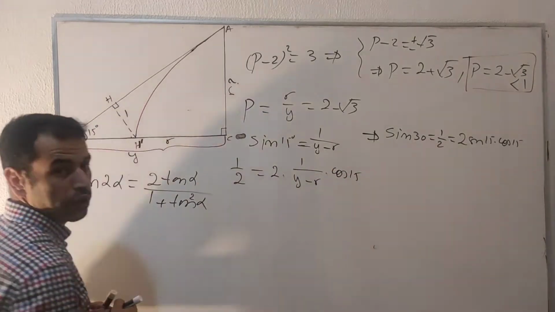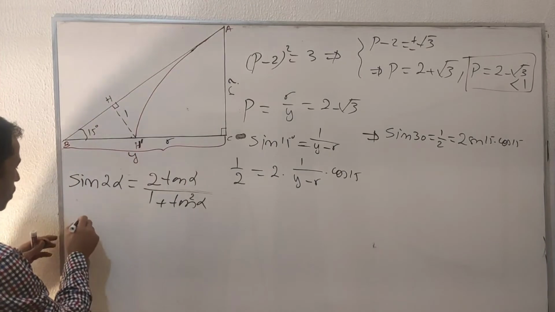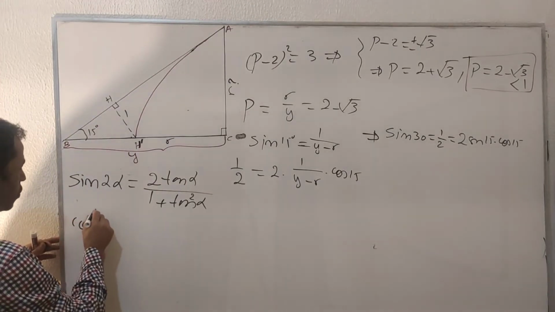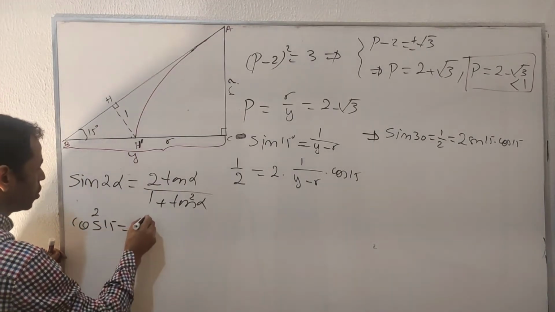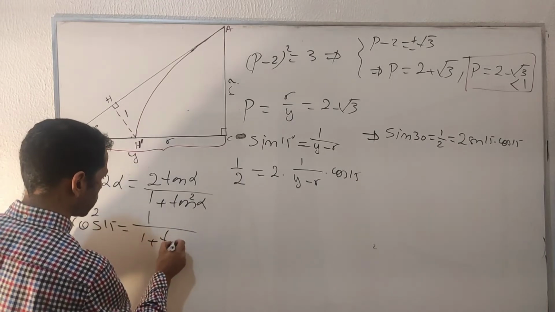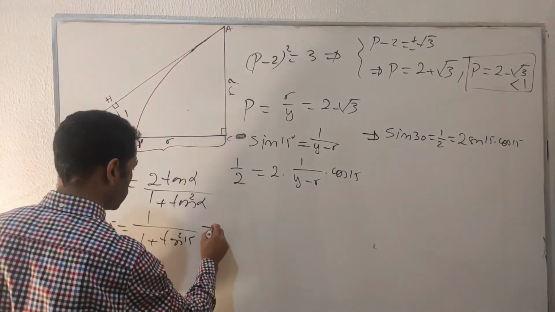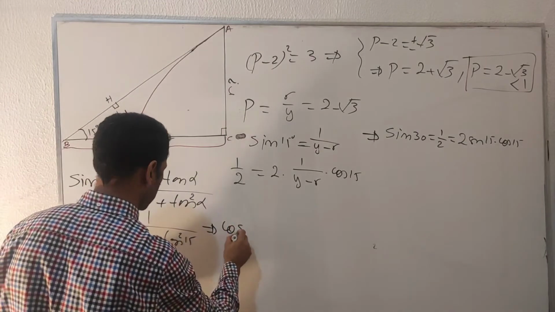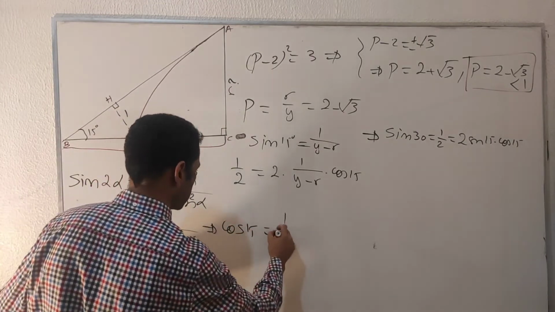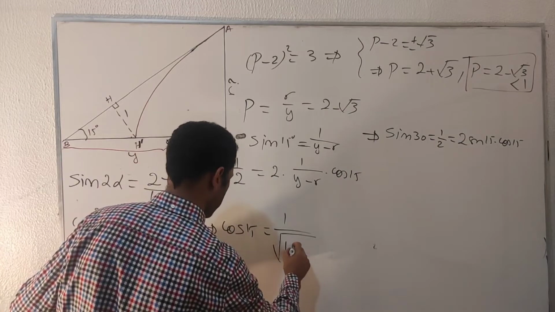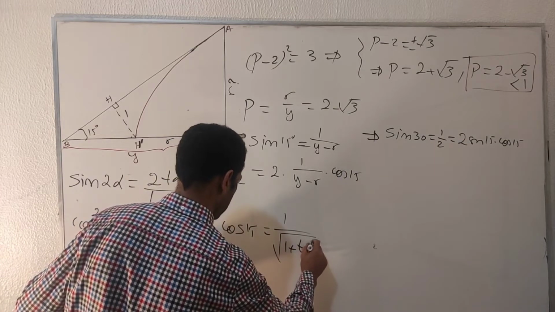Okay, we know another formula involving cosine. We know cosine square of 15 degrees equals 1 over 1 plus tangent square of 15 degrees. So I'm simply going to apply square root on both sides. It's giving us 1 over square root of 1 plus tangent square of 15.